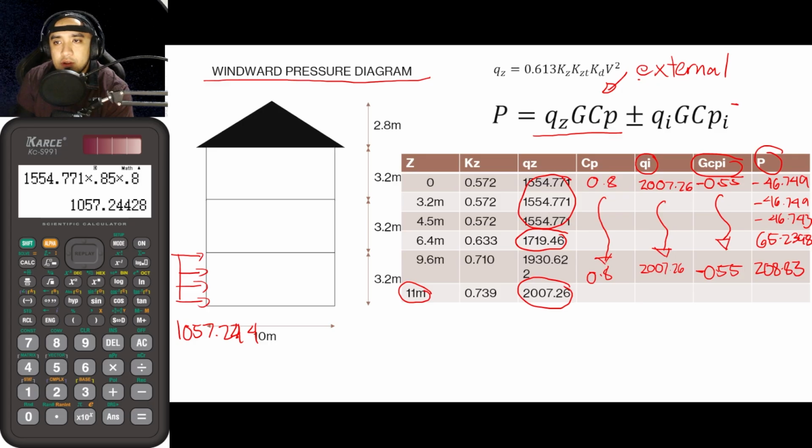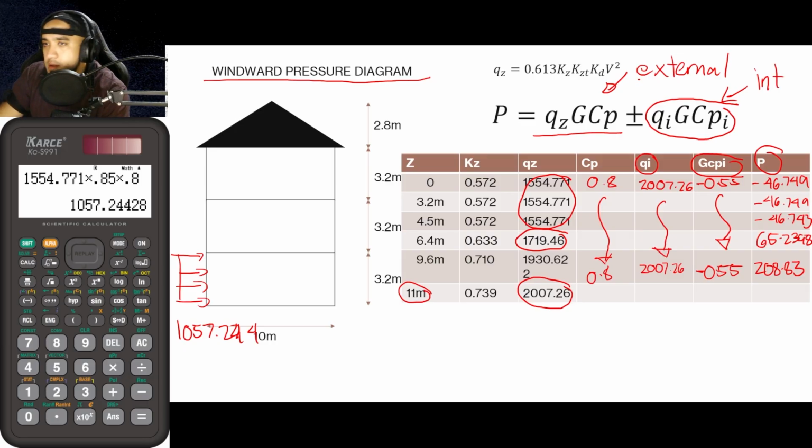And as for this value, this is the internal pressure. So for QI, that is 2007.26 times, for the GCPI that I have used, that is negative 0.55. So for negative 0.55, that would now have an answer of negative 1103.993.